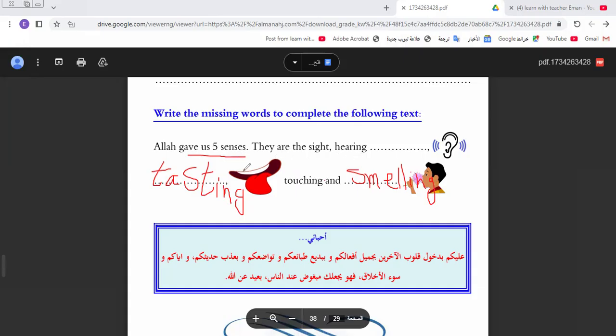They are sight, hearing, tasting, touching, and smelling. I would like to answer the cheetah paragraph. Let's do it together.